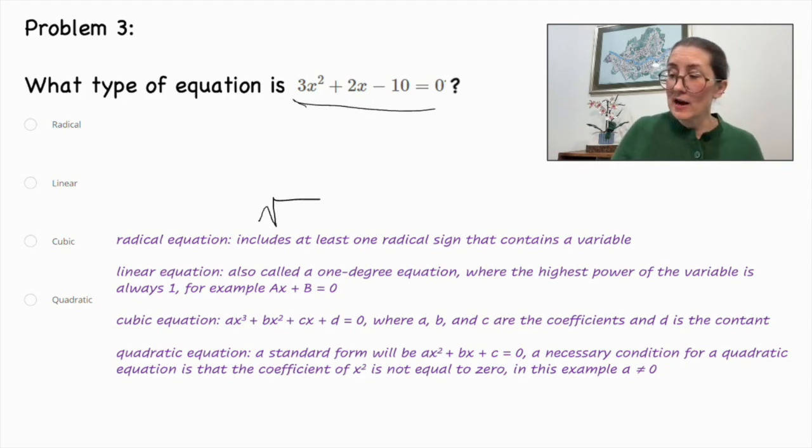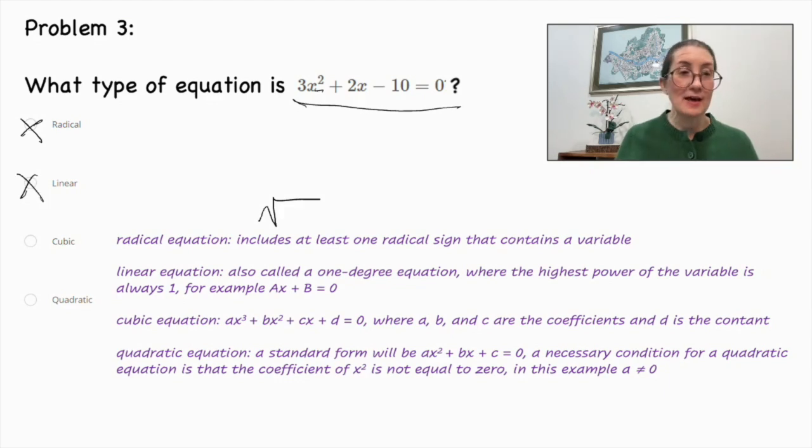And it's not in our equation, so this is not a radical equation. Next, a linear equation is also called a 1-degree equation, where the highest power of the variable is always 1. For example, ax plus b equals 0. We have a square, so that cannot be the case either.